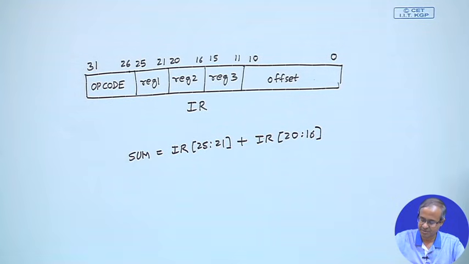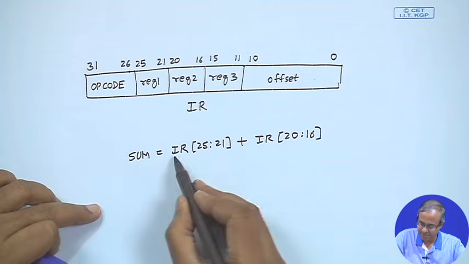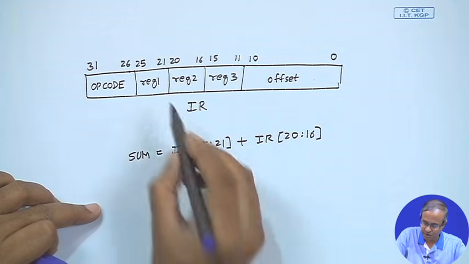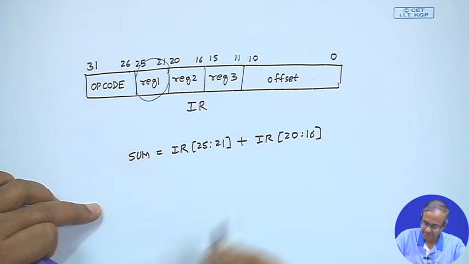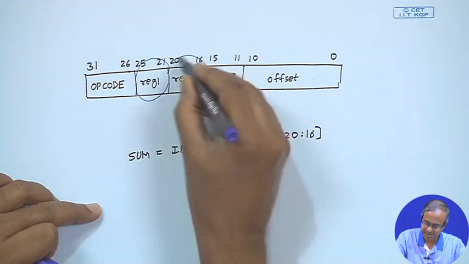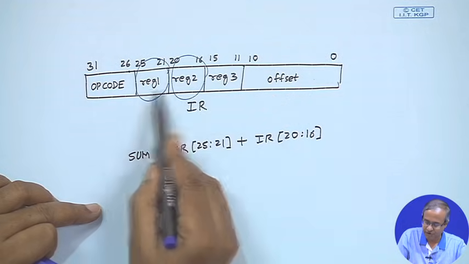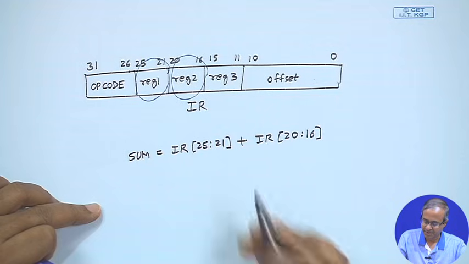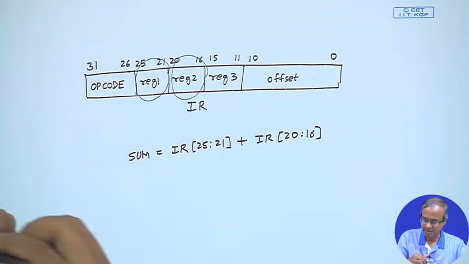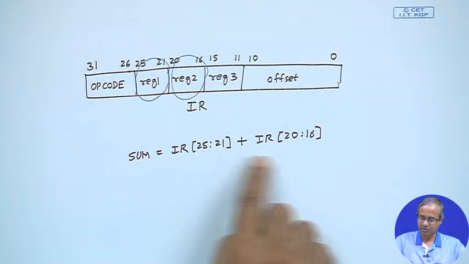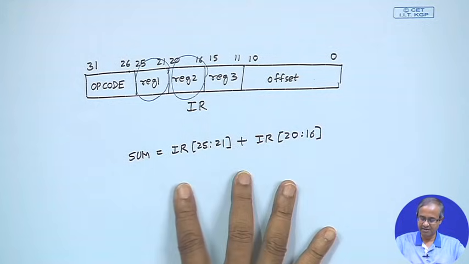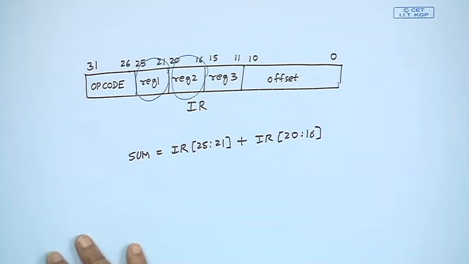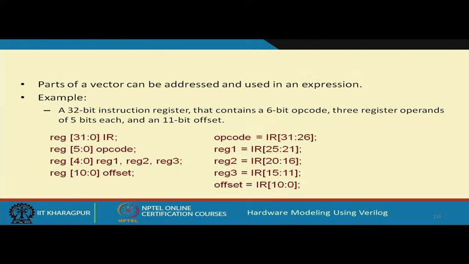So, I can write like this also. So, here what I mean is that IR[25:21] means this number, IR[20:16] means this number. I am adding these two 5-bit numbers and I am storing the result in another variable, sum. Such things I can also do, right. So, I can take out a cross section from a given vector and I can do any kind of manipulation on it. Okay.